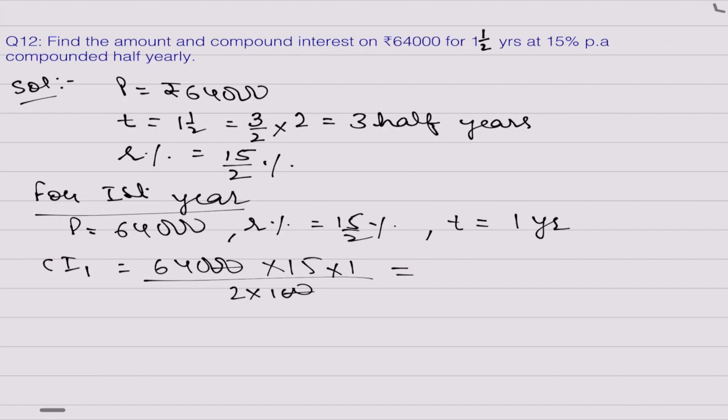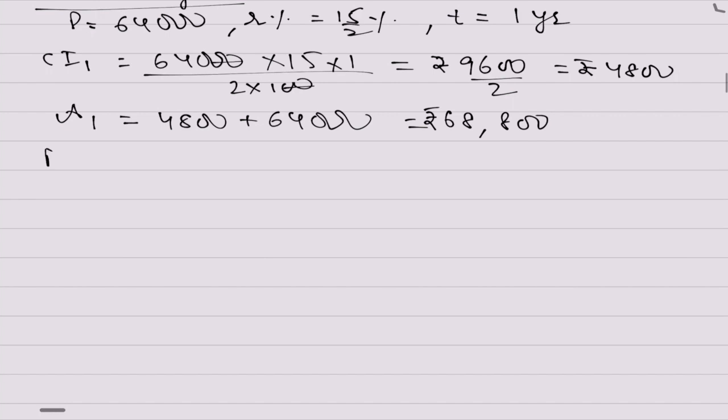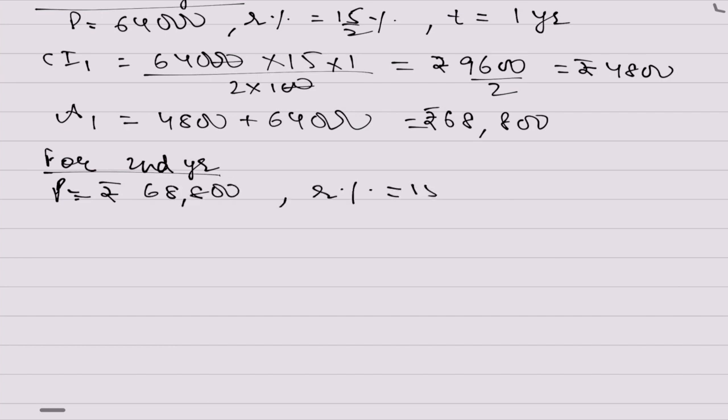So that is rupees 9,600 upon 2, that is rupees 4,800. So amount of the first year is 68,800 rupees. Now this amount will become the principal for the second year. So for the second year the principal is rupees 68,800, rate percent is 15 by 2, and time is 1 year.